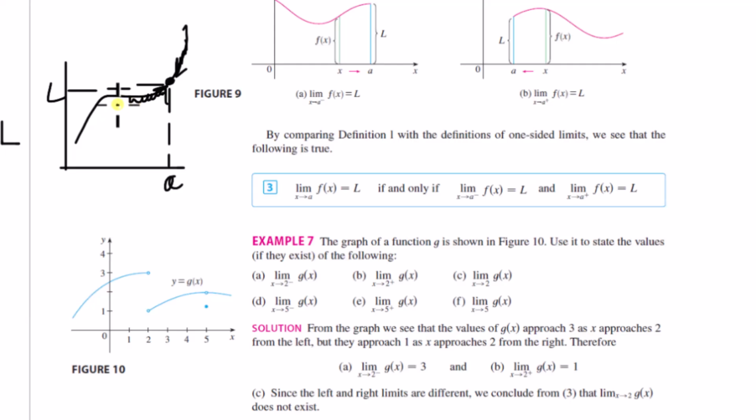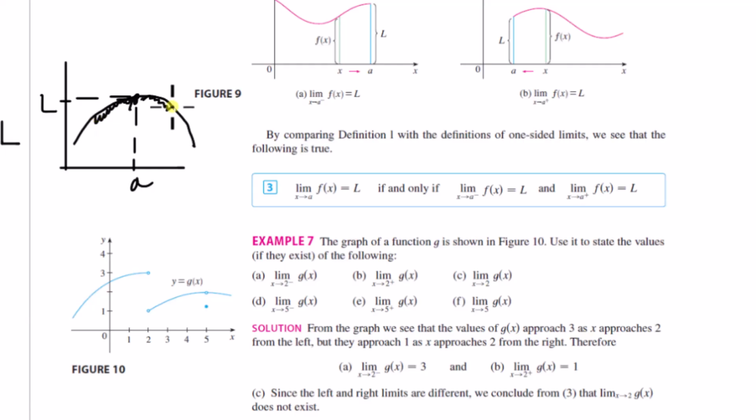And you can see how the left-hand limit and the right-hand limit are the same, but it doesn't have to be a sandwich process. It's anything. Right here, you're not sandwiching L, but still coming from the left and coming from the right, you're approaching the same value.